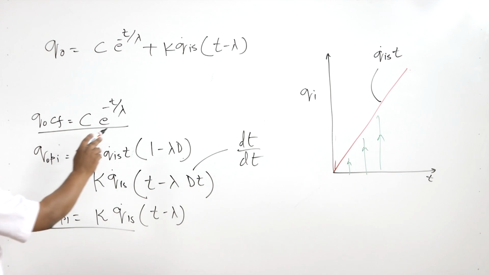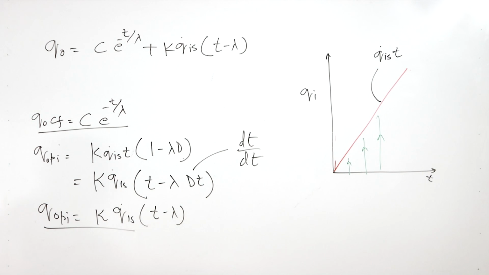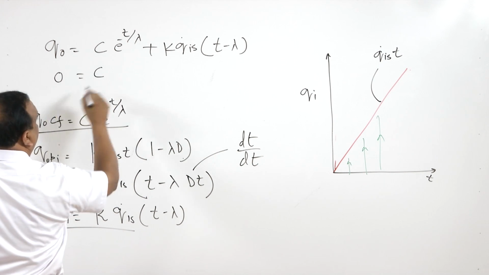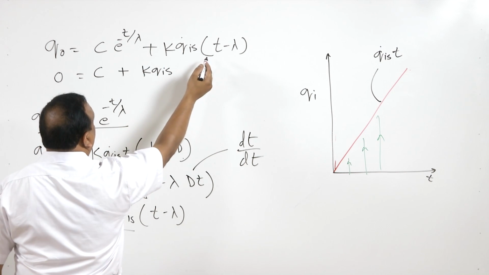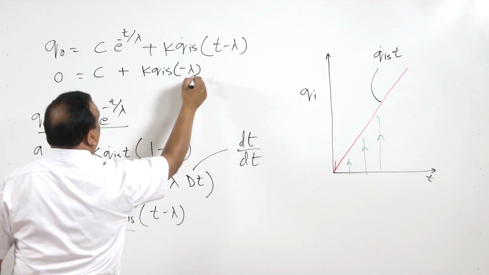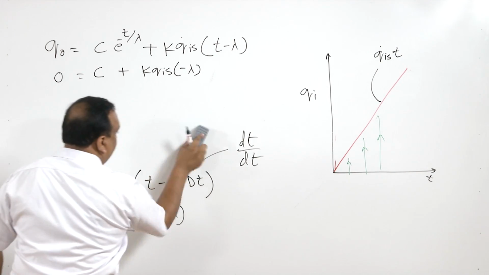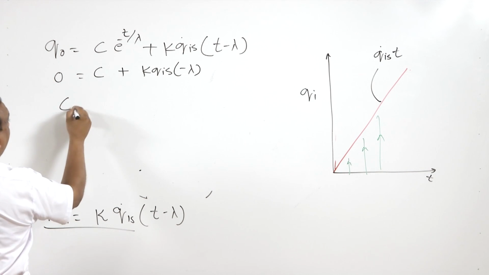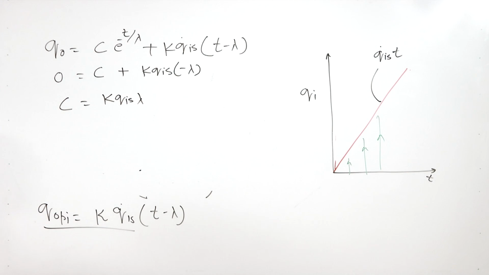The initial condition is at t equal to 0, output is 0. So when we put t equal to 0, this will become c plus k Qis, and then minus lambda, because here t is 0. So we will get the value of c as k Qis dot lambda.